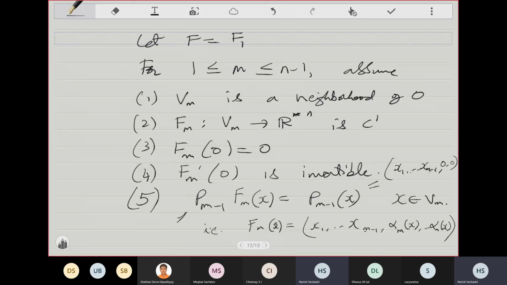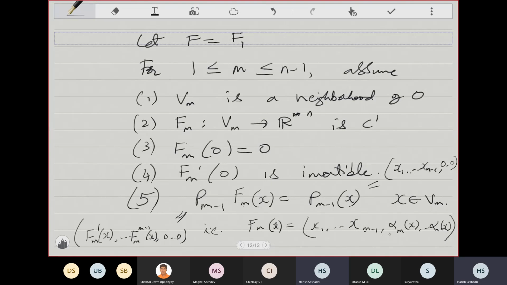This by definition is, if I write the component functions f_{m1}(x), ..., f_{m,m-1}(x), again zeros, right? So I'll just be picking out the m minus 1 components of fm. And those are just x1, x2, ..., x_{m-1}, which is what this equation is saying.